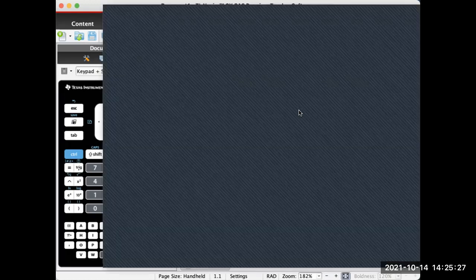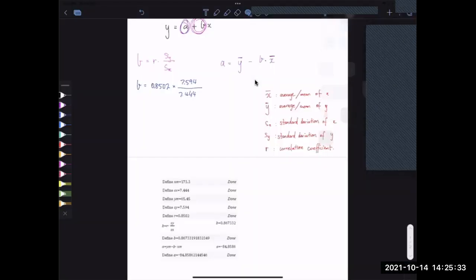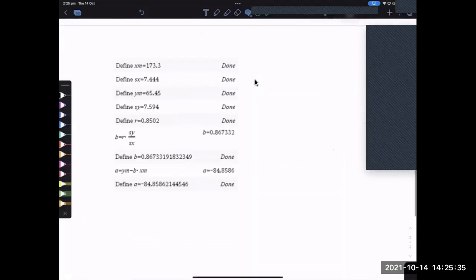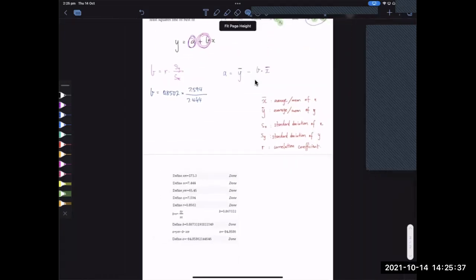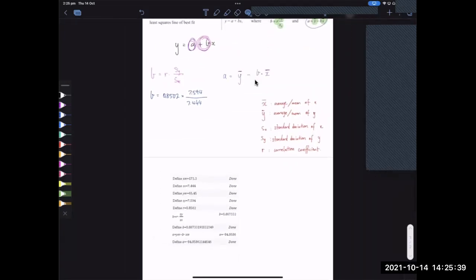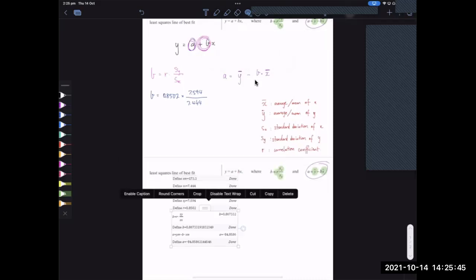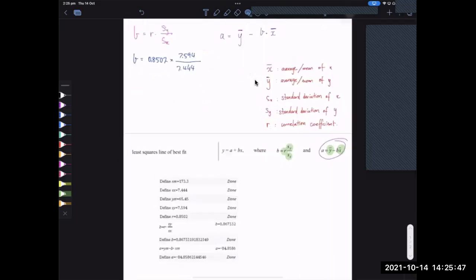So I'll share the screen again now for the iPad. Can I just get a show of thumbs up or thumbs down if this process makes sense?